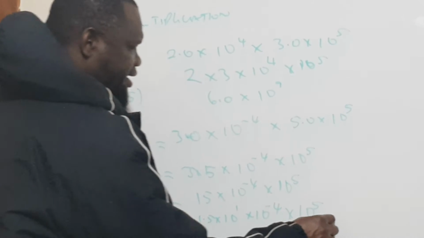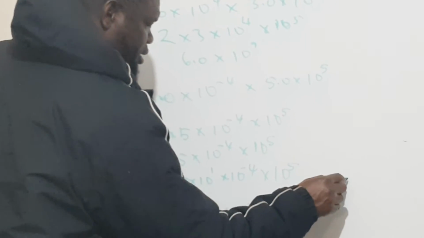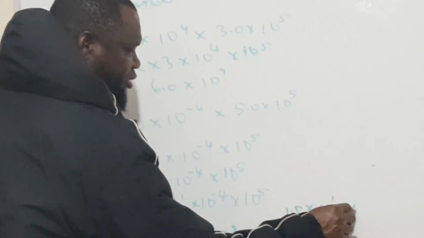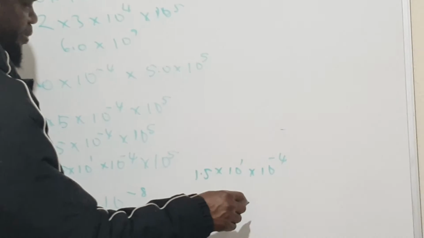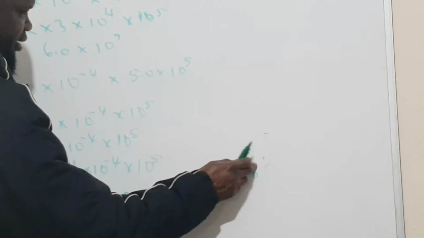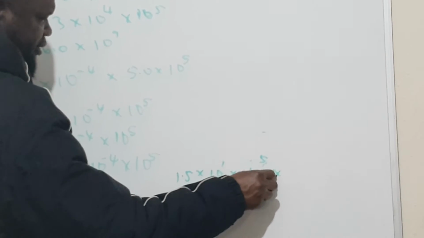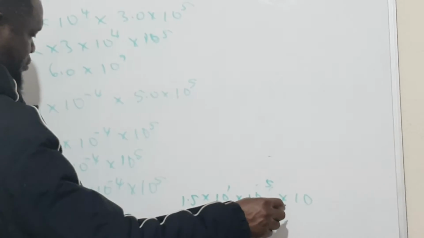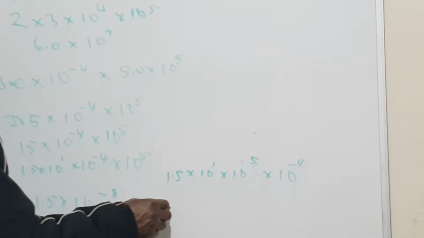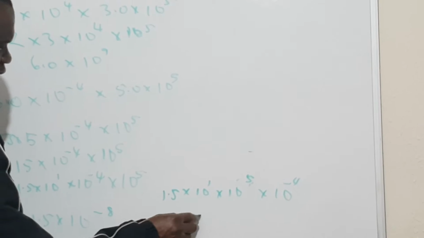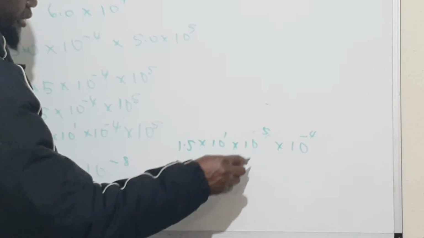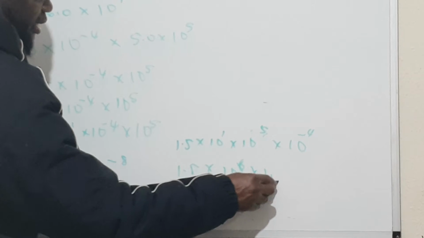We could have arranged this and said this is 1.5 times 10 to the power 1 times 10 to the power minus 4, or 10 to the power 5, times 10 to the power minus 4. That will be 1.5 times 10 to the power 6, times 10 to the power minus 4.